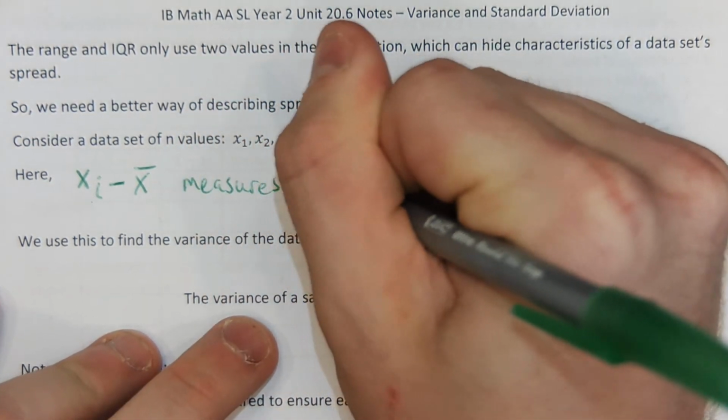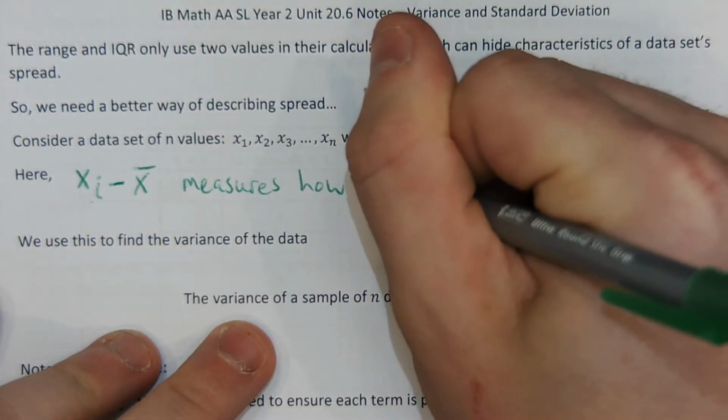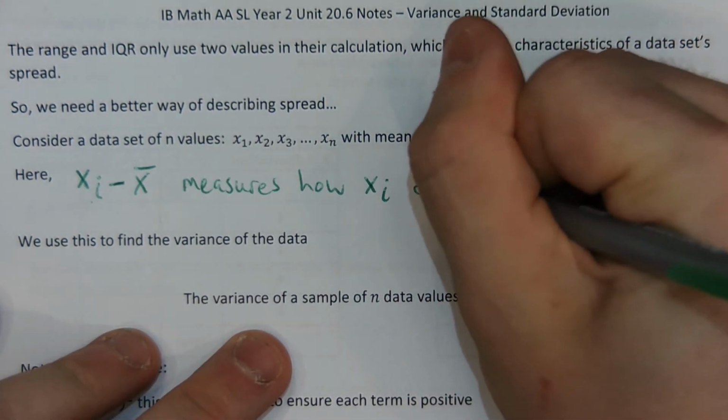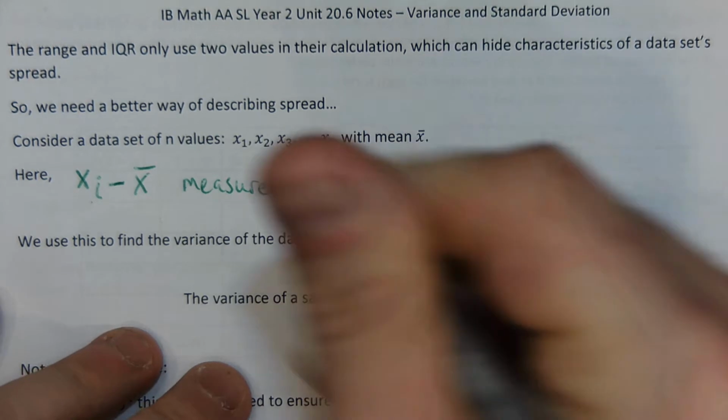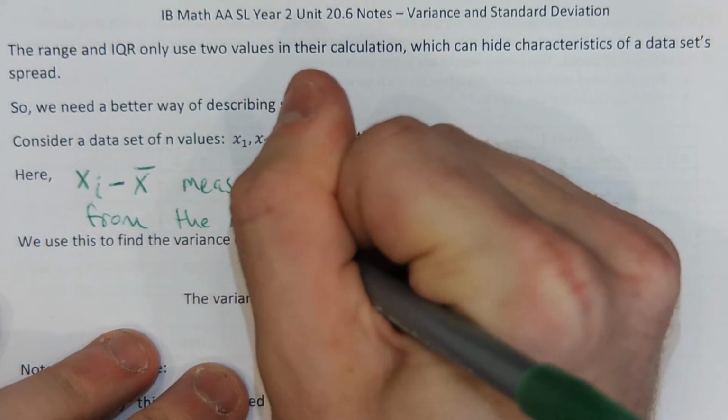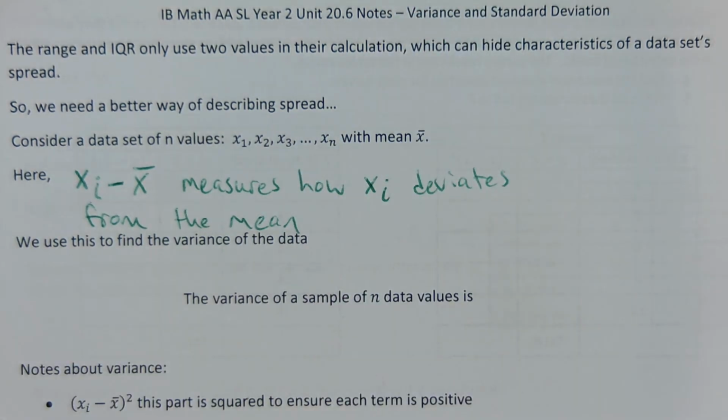This measures how far any generic term x sub i deviates from the mean. And we use this to find the variance of data.